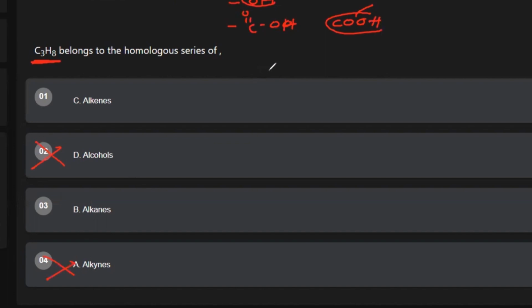What is the general formula for alkenes and alkanes? For alkanes, the general formula is CnH2n+2. And for alkene, we have the general formula CnH2n. So we just have to find whether this molecular formula belongs to the general formula of alkane or alkene.